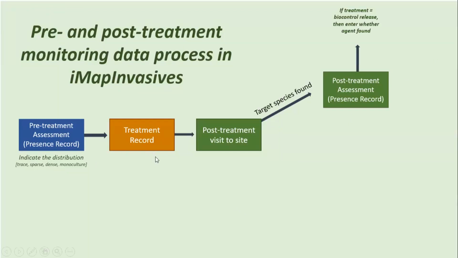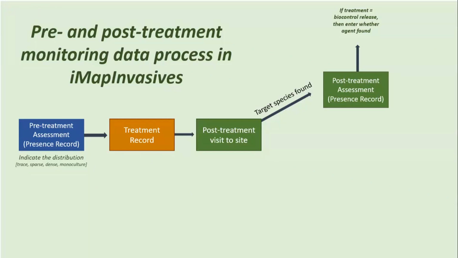There is an option within these presence records that if you do find a biocontrol agent at that site, you can actually capture that data there. You can say which biological control agent was found on that invasive species, probably either because you released it, maybe the treatment was a biocontrol, or it might have spread from its original release.